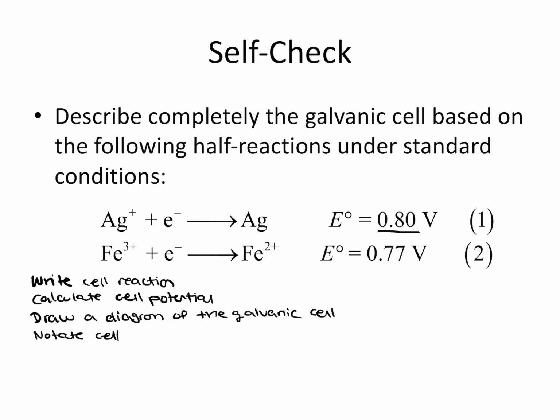So remember, you look at which one's more negative, so I can help you a little bit to get you started. Which one's more negative here? 0.77, right? So this is oxidation. You would flip this. Therefore, this is reduction. So you have your silver, and then you flip your iron.